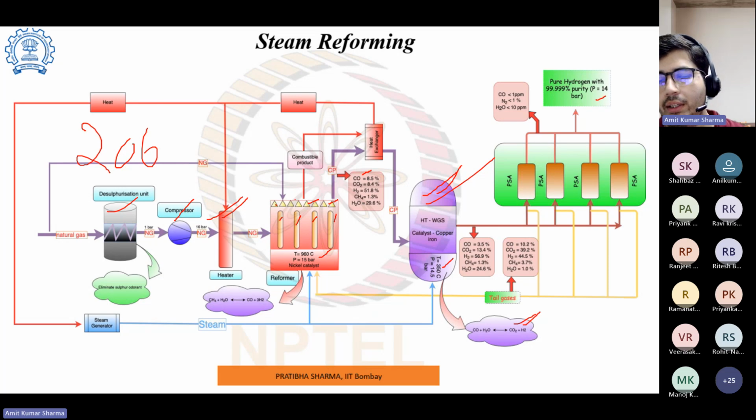Here we are using PSA, so we only have a high temperature water gas shift reactor. If you have a different method for hydrogen separation, maybe you will need another, low temperature water gas shift reactor. It depends on your hydrogen cleaning process.